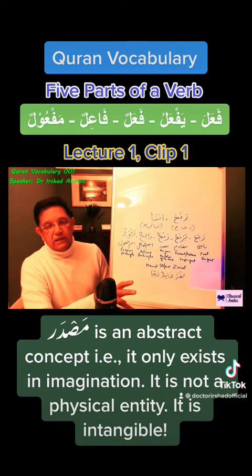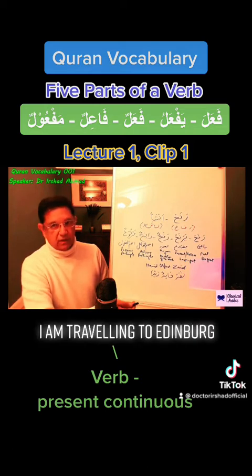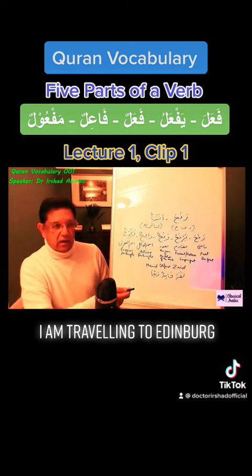If I say traveling is fun, then traveling is not a verb, it's a noun. And traveling is a kind of masdar. In Arabic we call it safar. Safar is also used in Urdu, for those who know Urdu. Safar is translated as traveling, as a noun.